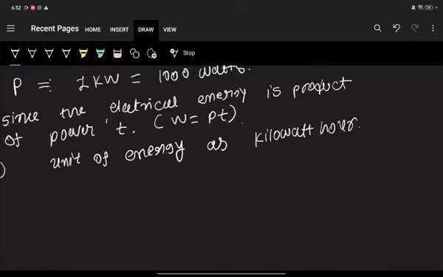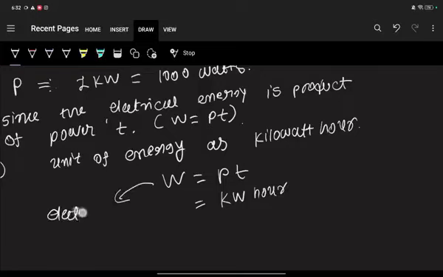Why? Because W is P into T. P is power, power is measured in kilowatt, and time is measured in hour. So for electrical energy the unit will be kilowatt hour.